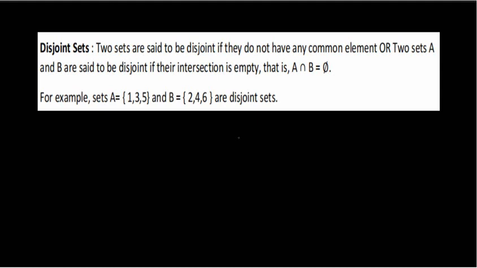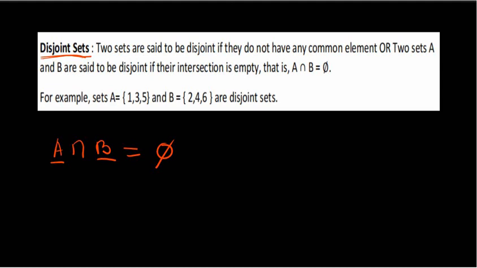If you have two sets A and B, and the intersection of A and B is empty, we call that a disjoint set.